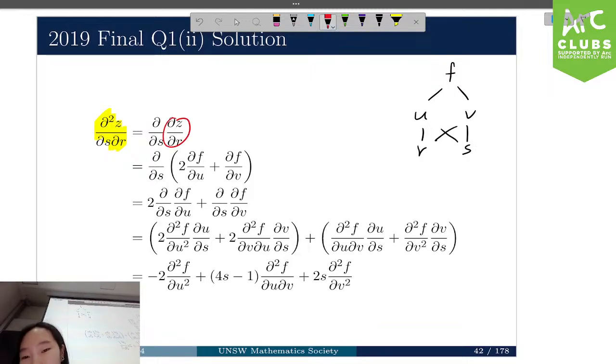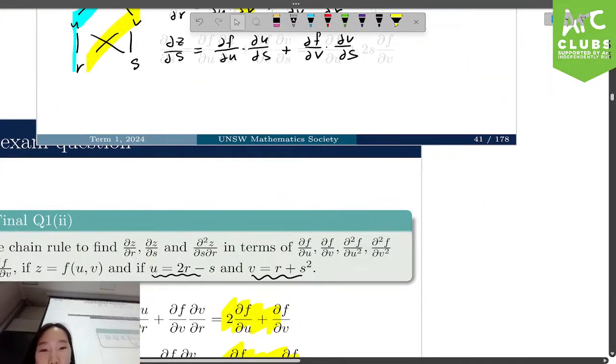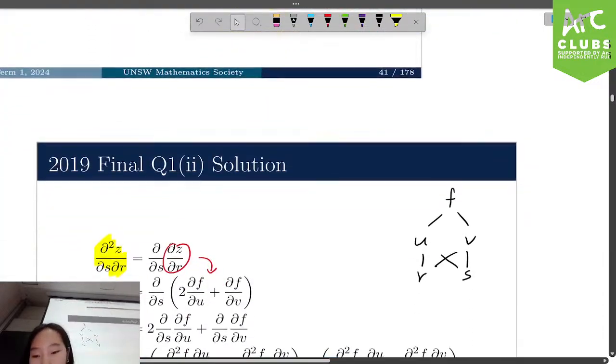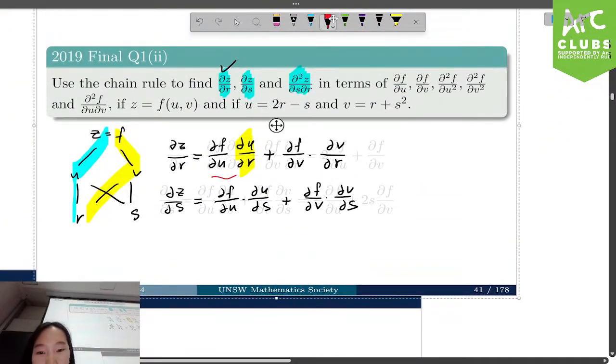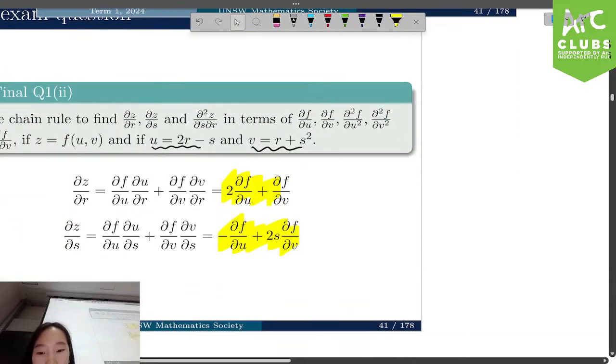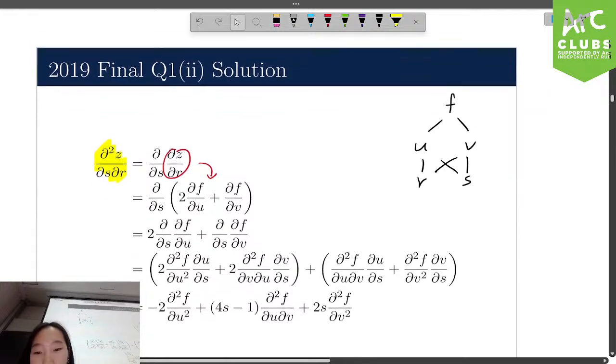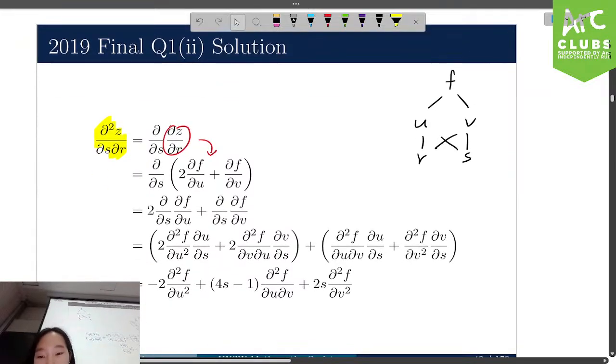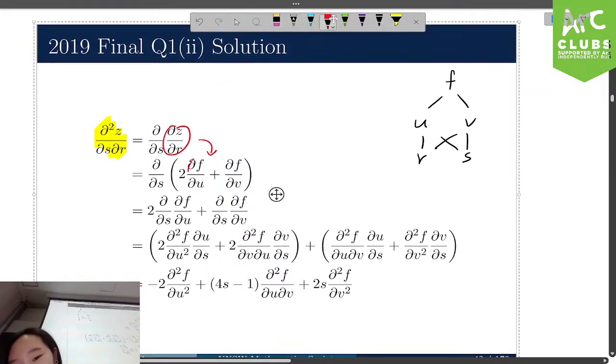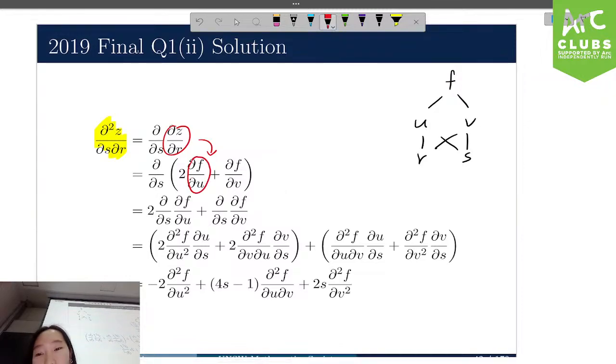So we plug in the value over here, and this is what we get. Or in other words, you can use the result over here. We'll substitute inside, and then we take this part with respect to s.